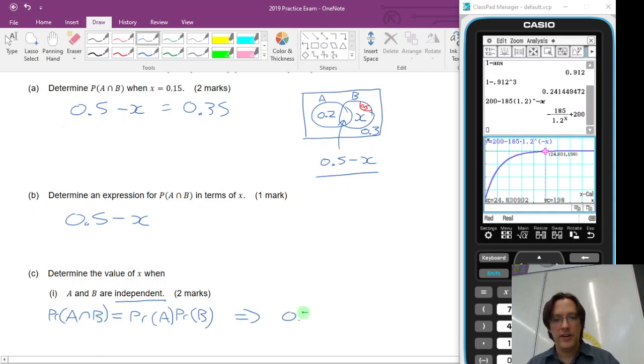That's 0.5 take x. We've got that from up there. What's the probability of A? It's 0.2 plus 0.5 take x. What's the probability of B? 0.5.